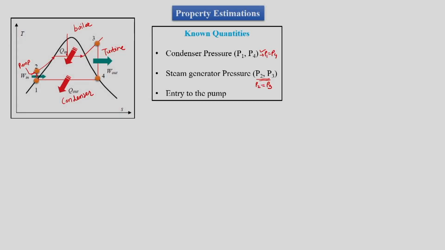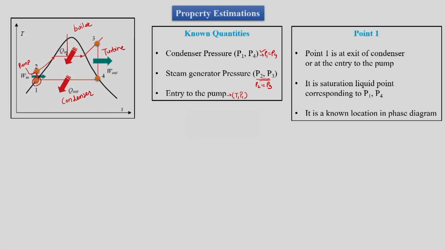So both the constant pressure lines would be known to us, and then what would be known to us is the condition at 1, the entry to the pump, meaning we would know T1 and P1. So these things would be known to us, and using those known things we would have to calculate efficiency, performance or other heat and work interactions.